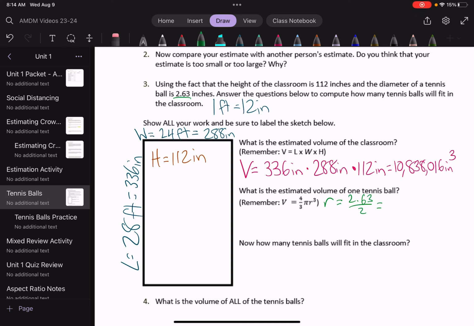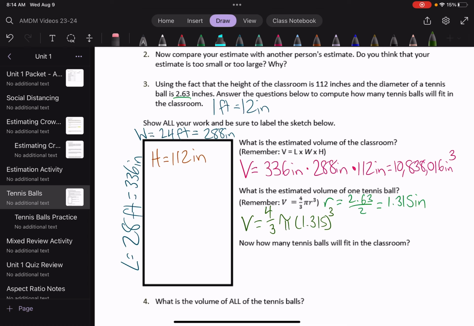So 2.63 divided by 2 gives me a radius of 1.315 inches. I now can plug this into our volume equation. So I have the volume of my tennis ball is going to equal 4/3 multiplied by pi multiplied by 1.315 cubed. And I'm going to plug it into my calculator just like that.